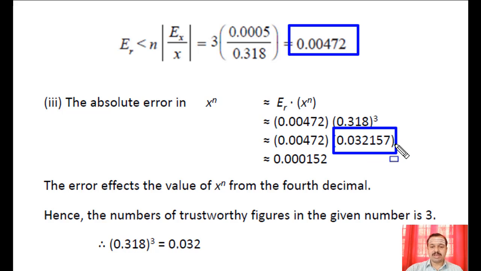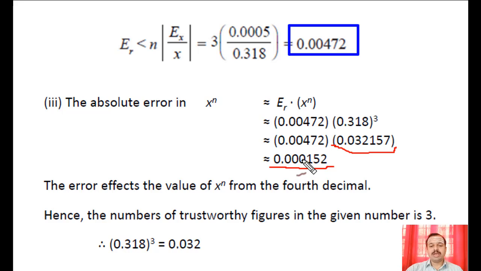This is very important. This is x to the power n, that is 0.318 to the power 3. Now let us multiply these two, and we will have the answer for absolute error in x to the power n, which is now computed as 0.000152.